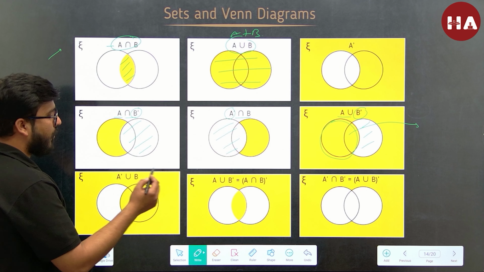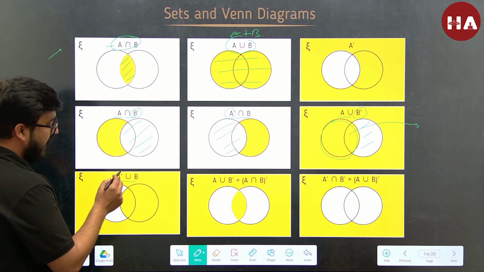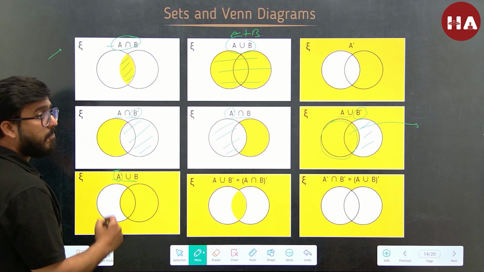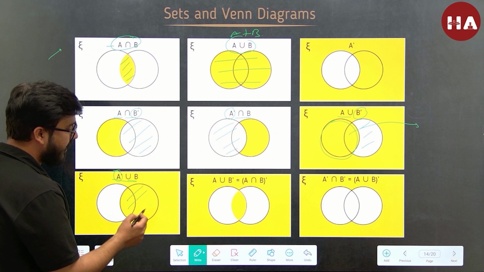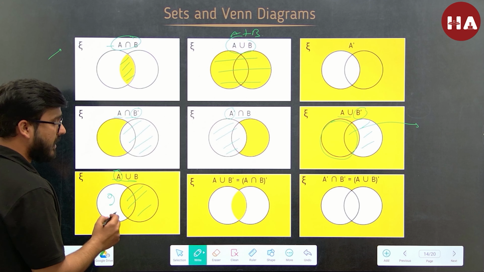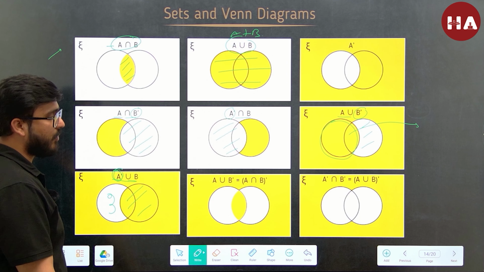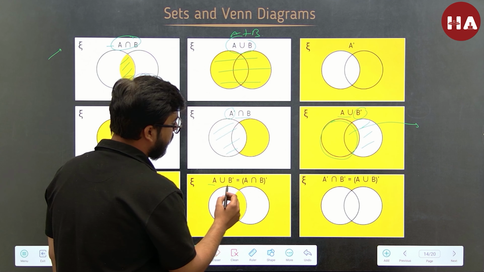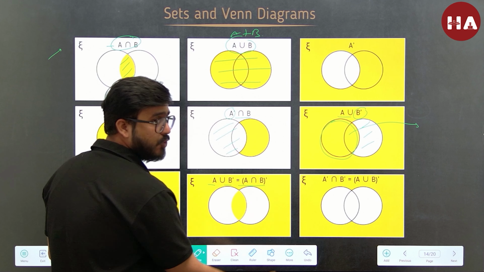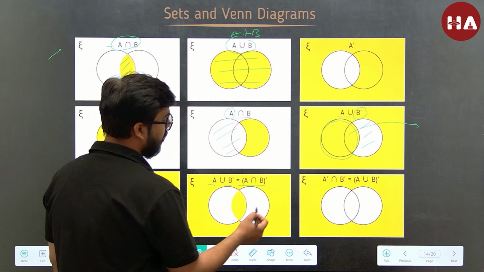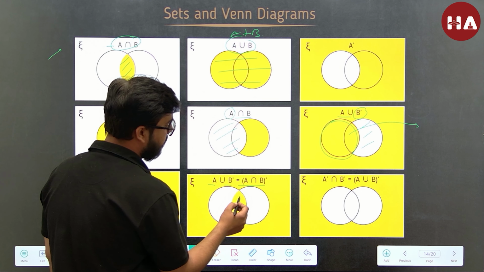Now moving forward, the other part is A complement union B. So we will be taking the B part into consideration and the A portion has to be excluded because we are taking the complement. Similarly, A union B complement will be equal to what? A intersection B complement. So A intersection B complement will be what?